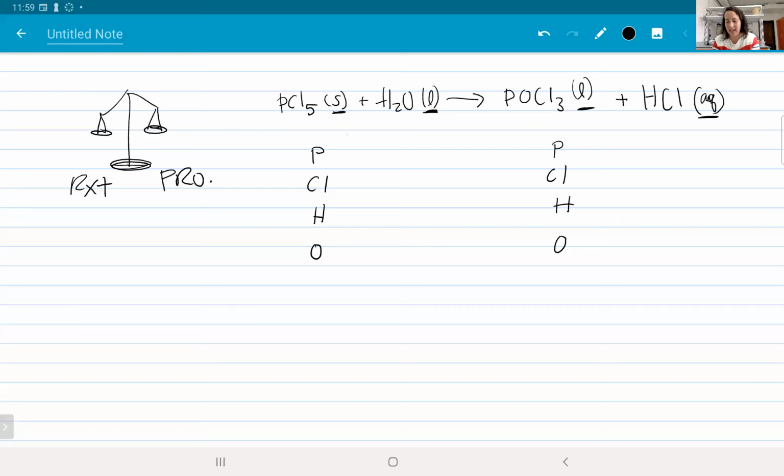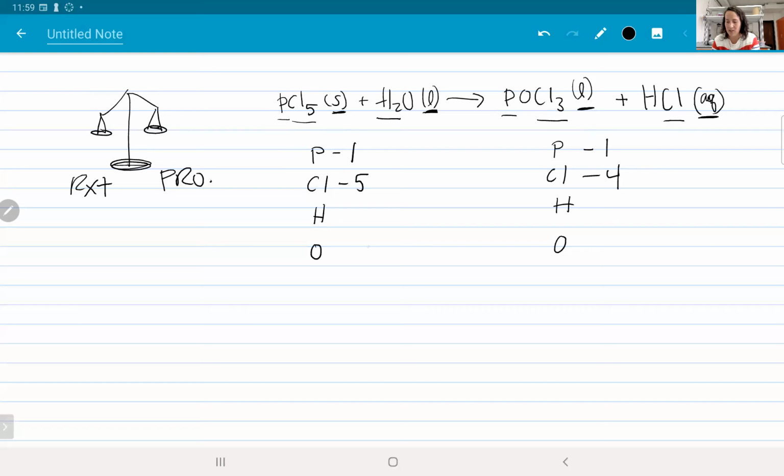So on the left side, if I look at my phosphorus, I have one phosphorus only right here. And on the right side, I also currently only have one phosphorus. The number of chlorines I have, on the left side I have 5 total chlorines, but on the right side I have 3, 4. All right, well, there's already a discrepancy, so we're going to have to balance those chlorines out somehow. Let's look at our hydrogens.